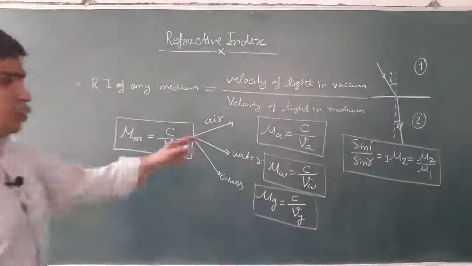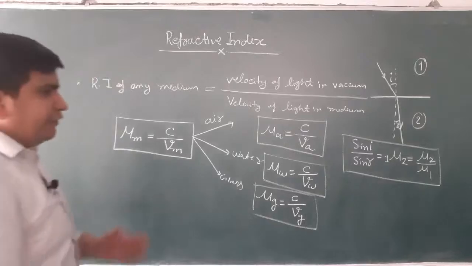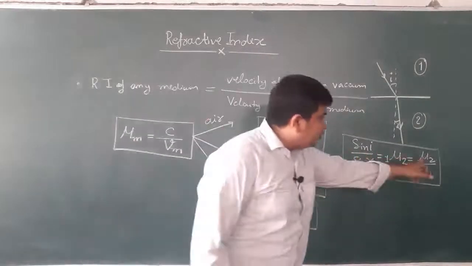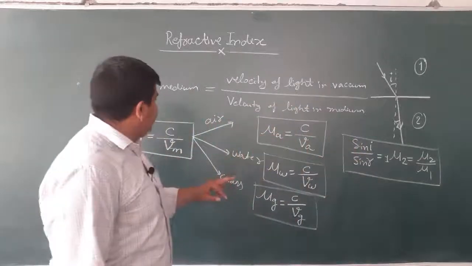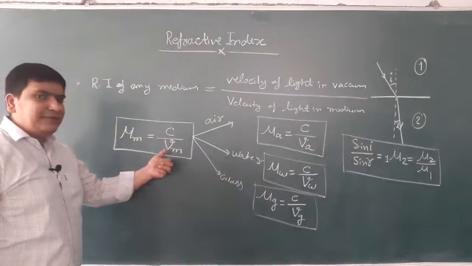Now, if we go through this particular equation, as you know that the refractive index of any medium is actually the speed of light in vacuum with respect to the speed of light in that medium.